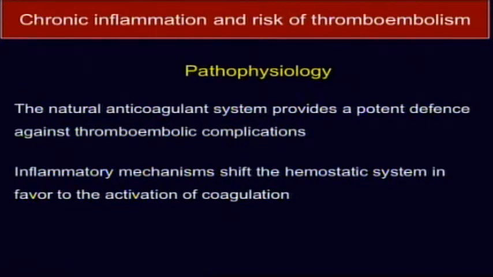So this is actually the pathophysiology of infection and thrombosis. We have a system of natural anticoagulants that protect us against thrombosis. And when you have an inflammatory mechanism, all this balance is in favor of the activation of thrombin.